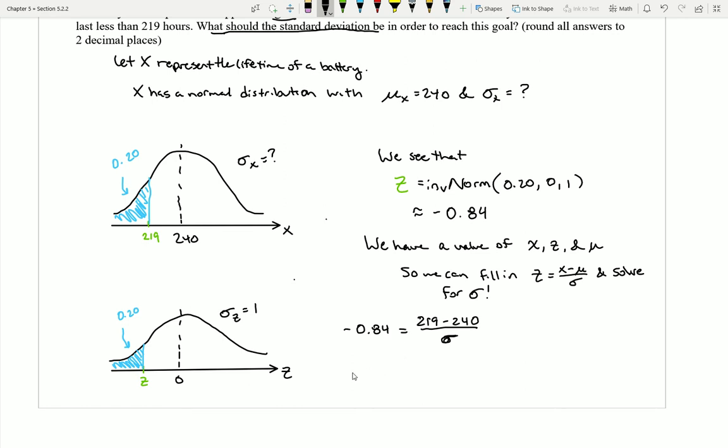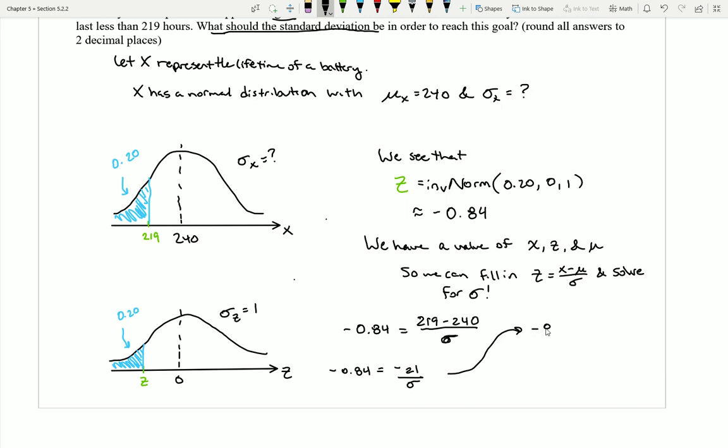All right, so going down here, I'm going to have negative 0.84. And let's see, if I do 219 minus 240, that's going to get me a negative number on the top of that fraction. That's going to get me something like, I think, negative 21, and I'll still be over sigma. If I want to solve for sigma, I can multiply it to the other side. Let's move over here.